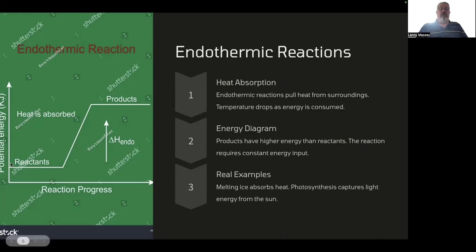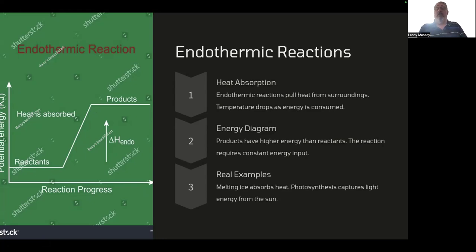So notice over here on our energy diagram, we have the reactants down here. And as the reaction takes place, and that's why we have reaction progress, as it moves from left to right, the reaction is taking place. Notice that the potential energy does what? It goes up. Anytime you see the prefix endo, that means something is going in.